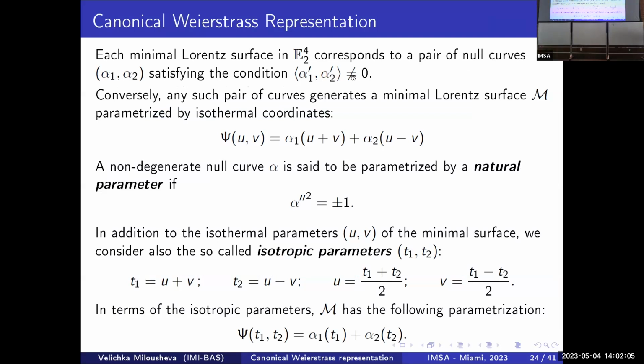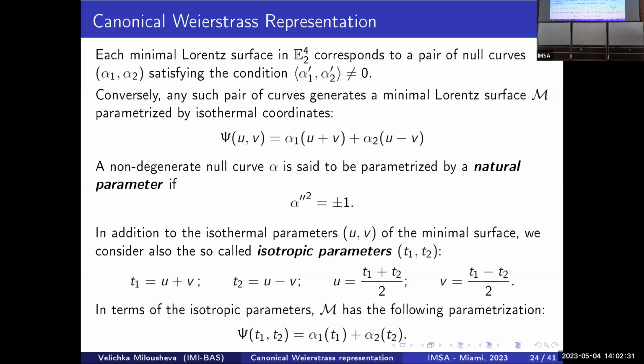And conversely, any such pair of curves generates a minimal Lorentz surface parameterized by isothermal parameters in this way. Here, the null curves alpha 1 and alpha 2 are determined up to numeration, reparametrization and translation, that is, the pair of null curves which corresponds to a minimal Lorentz surface.